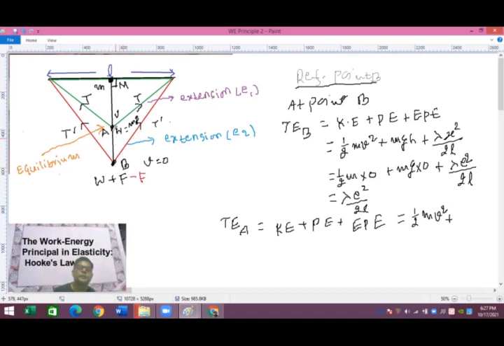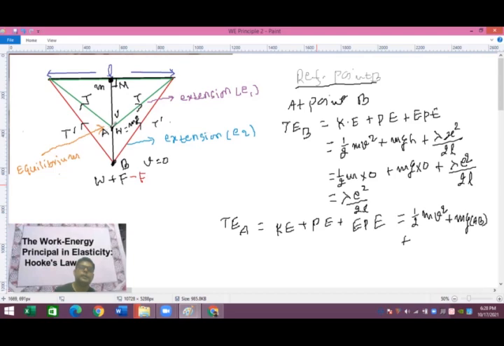So potential energy is mg, and h at this point you can calculate from the given condition, otherwise you can say in general that length is AB. So this is the potential energy, and let's check if there is elastic potential energy also.